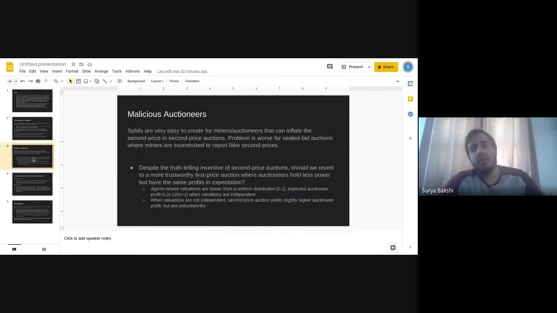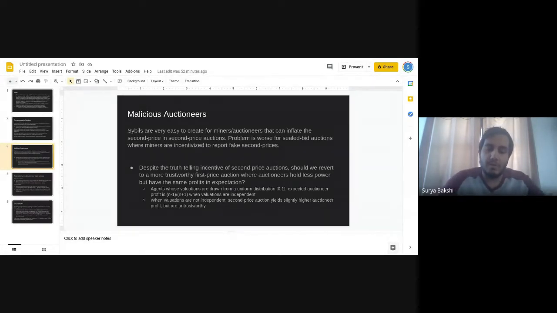And this leads to the next, more important question. A problem in this space is that auctioneers can also be malicious. If I'm a bot operator, my concern is that with sealed bid second price auctions, the auctioneer, the miner in this case, wants to earn as much as they can, and can always inject their own second highest price bids and influence how much everyone ends up paying.